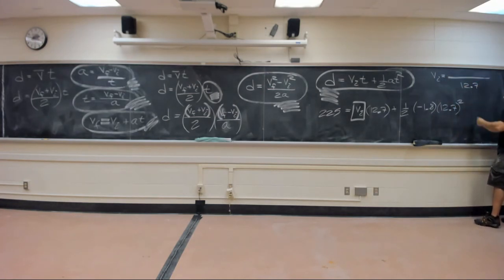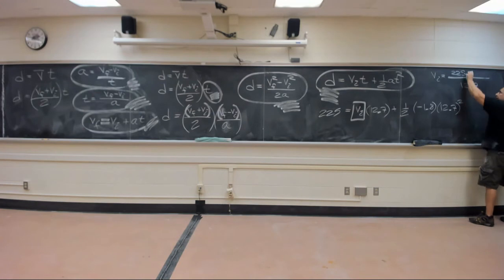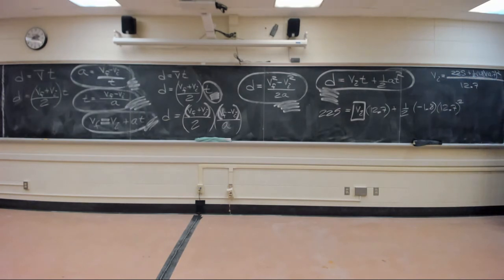Getting everything over to one side and you divide by 12.7, you got there it is. Yeah, there it is.